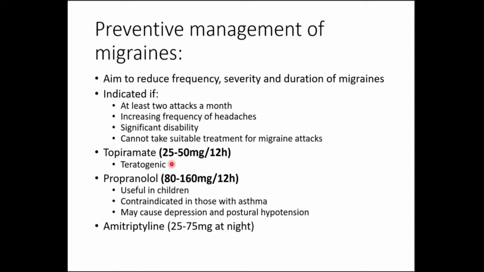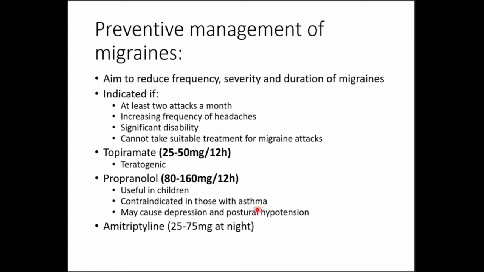It's teratogenic, so you wouldn't want to give this to a woman of reproductive age, or if you were to give it to her, she would need to be on some sort of contraceptive. It can also cause concentration and memory problems, fatigue, and anorexia, so loss of appetite. Furthermore, it can cause metabolic acidosis and increase the risk of kidney stones and acute angle closure glaucoma.